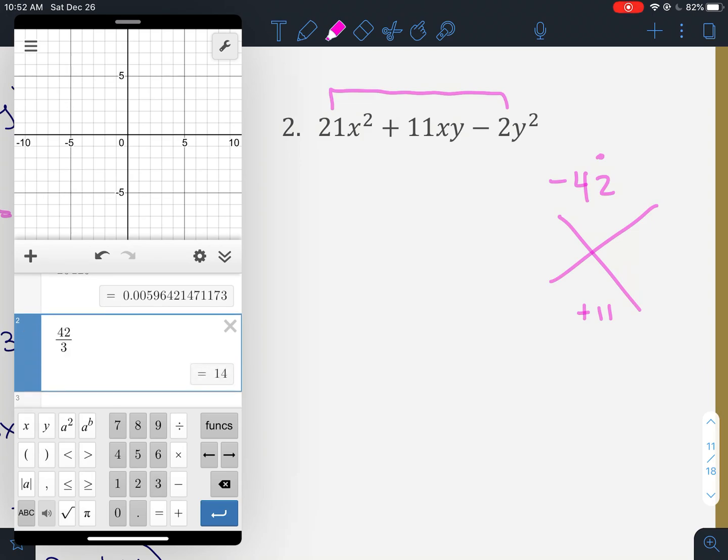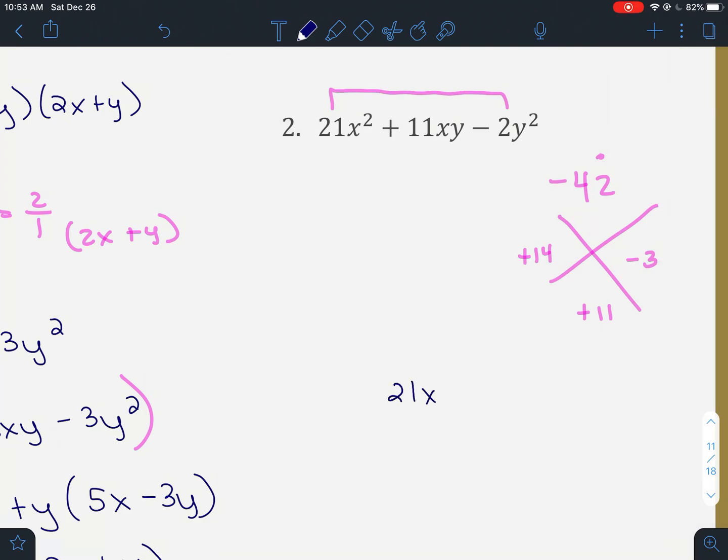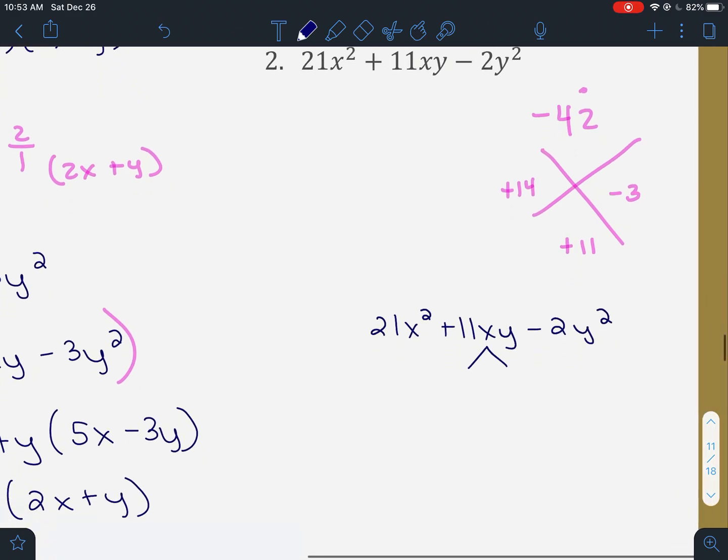So let's do 42 divided by 3, and I would get 14 and 3. So if I do positive 14 and negative 3, those would multiply to negative 42, and 14 plus negative 3 is 11. So factoring by grouping, we would do 21x squared plus 11xy minus 2y squared.